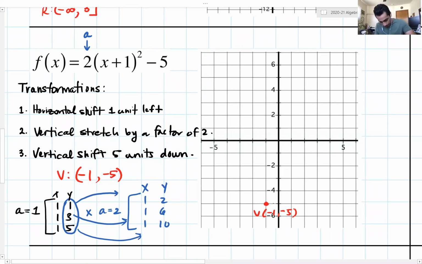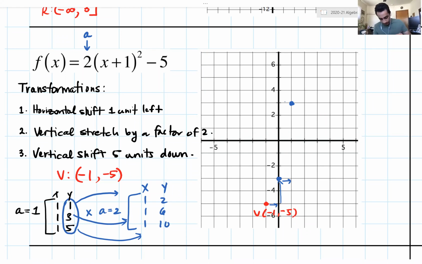So let's follow the pattern. We go 1 to the right, but instead of up 1, it's 2 up. Got my point. 1 to the right, up 6. So 1, 2, 3, 4, 5, 6. And then I'm not going to be able to plot the last point because it's over 1, up 10, and I'll be out of space. So we were able to at least do 2 sets of the pattern.